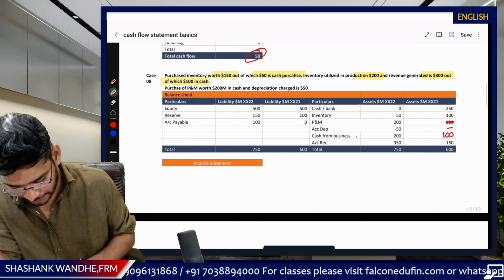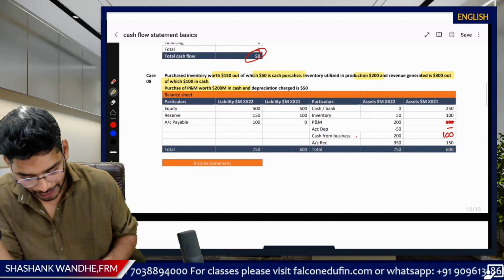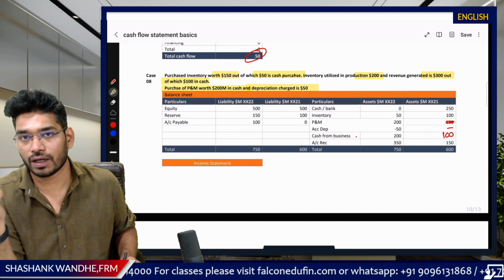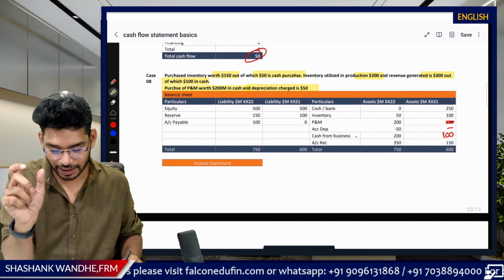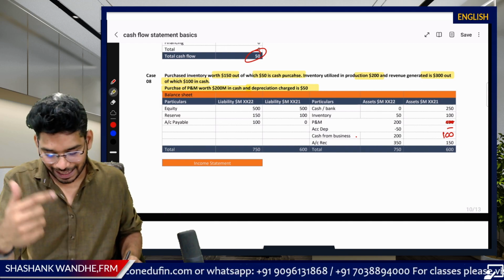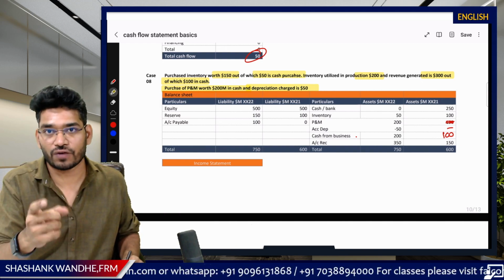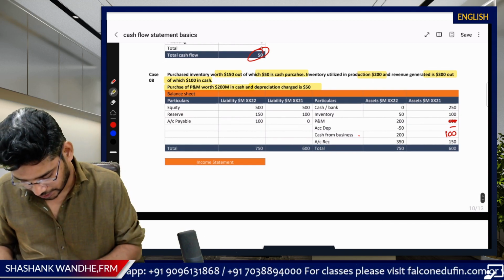The only new treatment here is purchase of plant and machinery worth 200 million, and depreciation is charged worth 50 million. So we purchased plant and machinery for 200 million in cash, so the cash will reduce by 200 million, and depreciation charged is 50 million, so we will have an additional expense here.